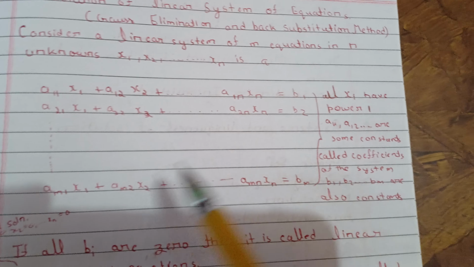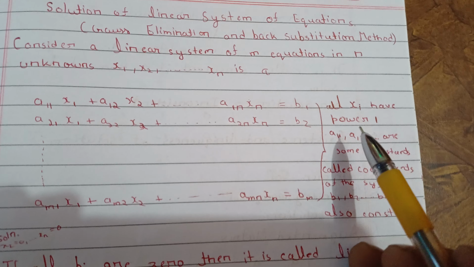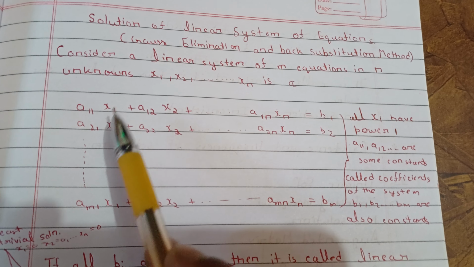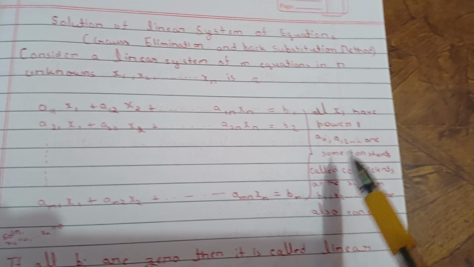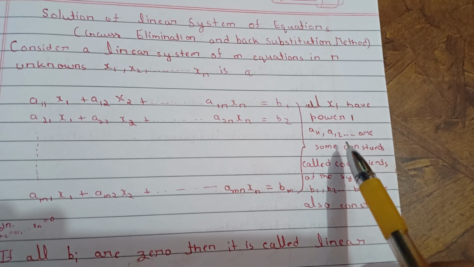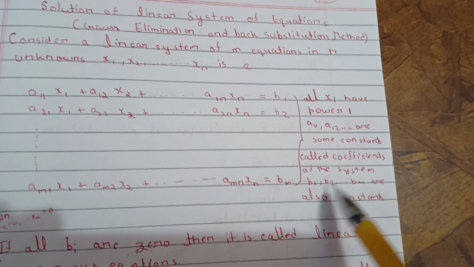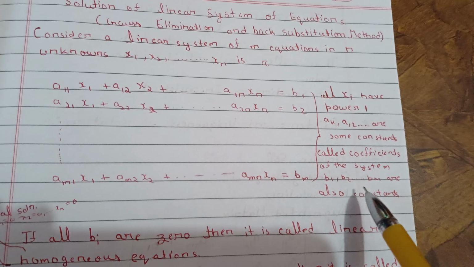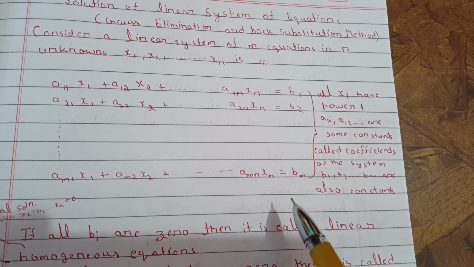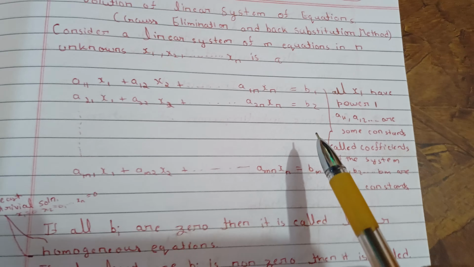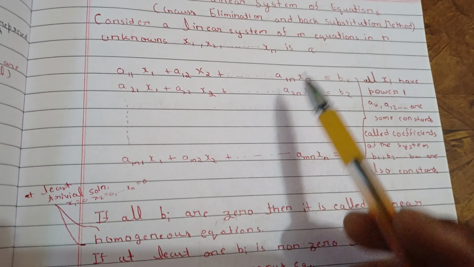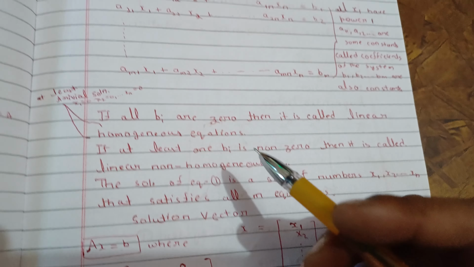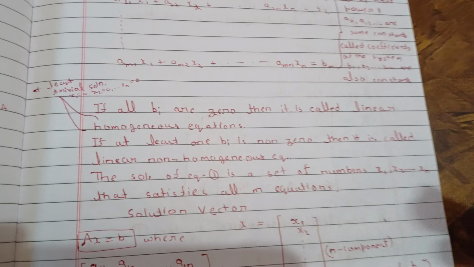Now all the x's have power 1, meaning these are linear equations, and when we call it linear, the powers of these variables should be 1. a11, a12 and so on are constants called the coefficients of the system, and b1, b2, b3, these are also constants. Now we can represent these equations in the form of a matrix. You already studied this in the elementary classes. Now we will see the bigger picture.